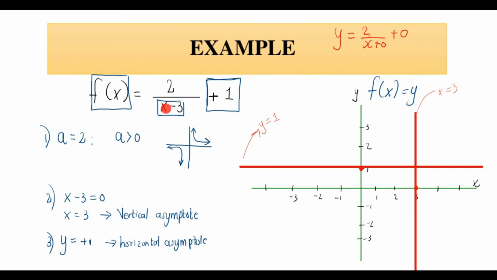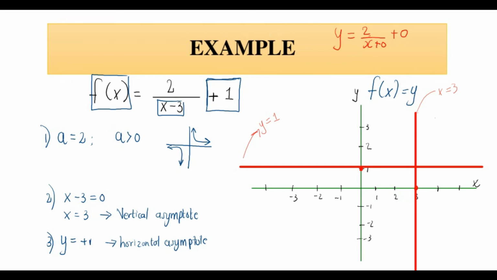Because that Cartesian plane tells us that our function has moved 3 units to the right, which is 1, 2, 3, and it has moved 1 unit up, which is 1. So we are basically dealing with a new Cartesian plane.